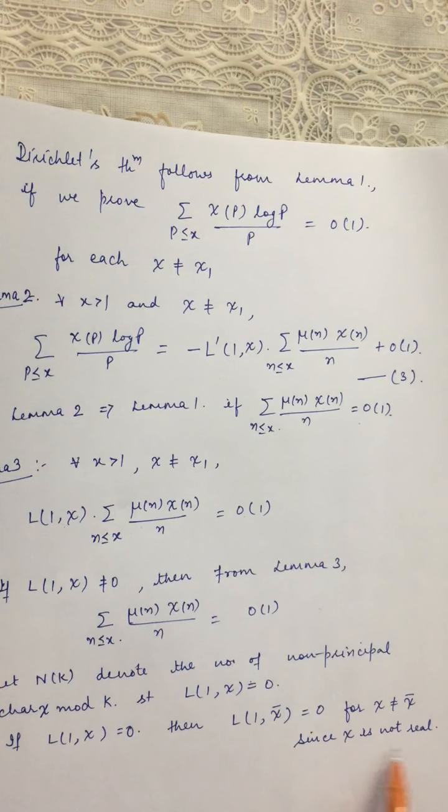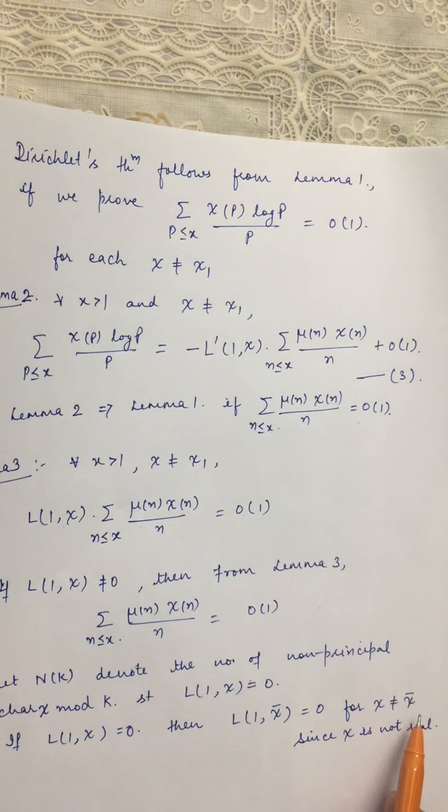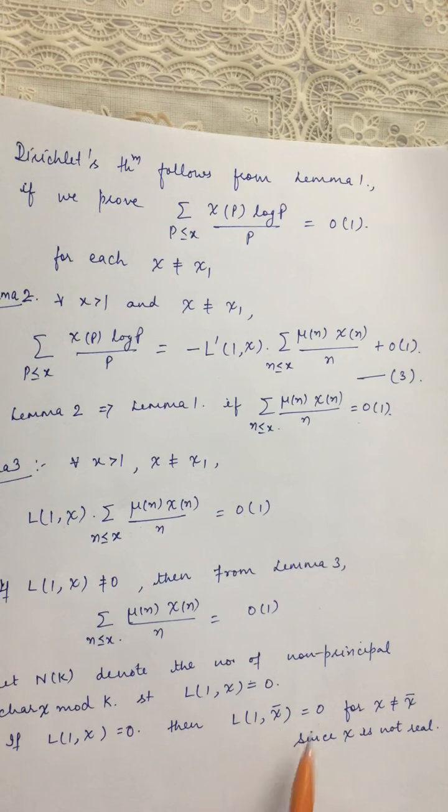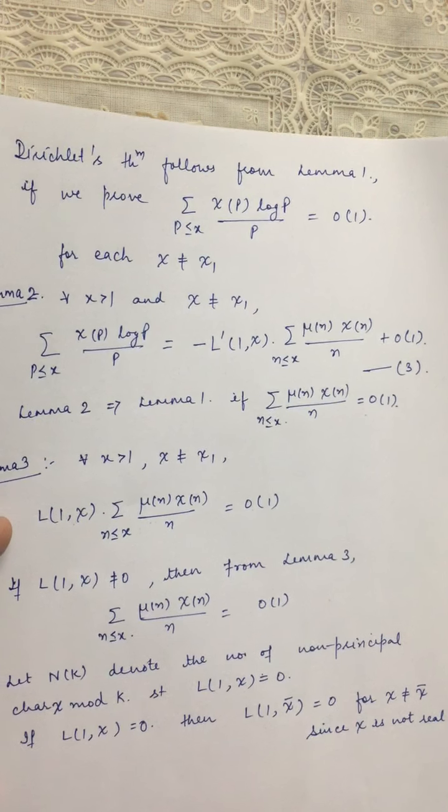So because chi is not real, chi and chi bar are different characters. And we know whenever L(1, chi) is 0, L(1, chi bar) is 0. That means the characters for which L(1, chi) is 0 occur in pairs. So if they occur in pairs, that means n_k is even.